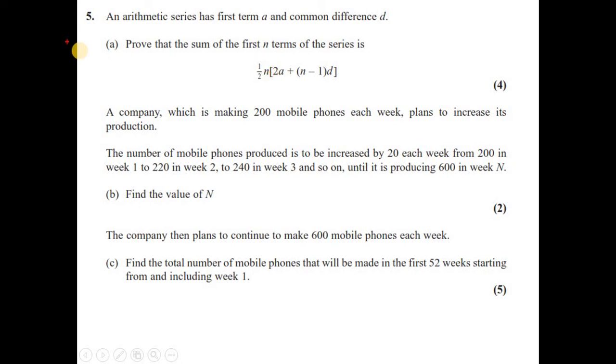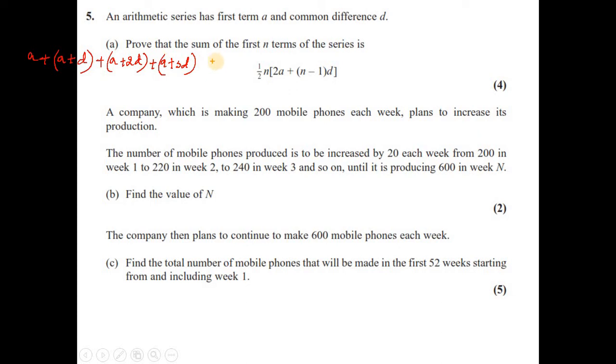Okay, let's see. Suppose you have an arithmetic series: a, this is the first term, then the second term would be a plus d. This is the second term. Plus the third term will be a plus 2d, and the next term would be a plus 3d, and you can keep going on and on.